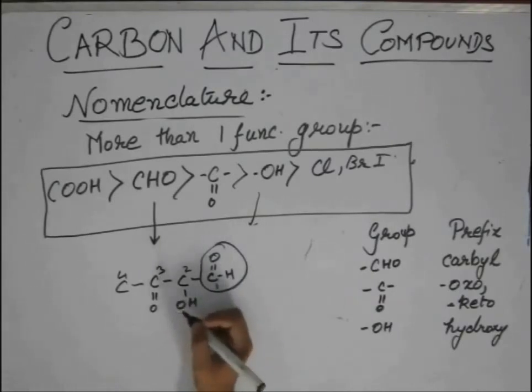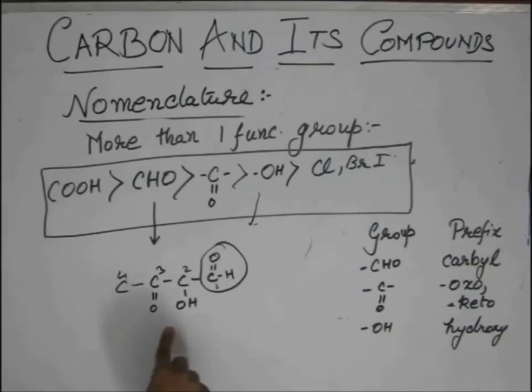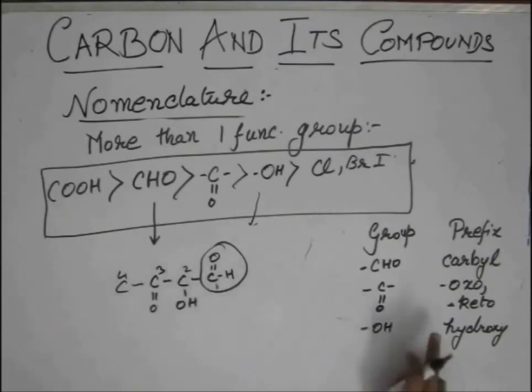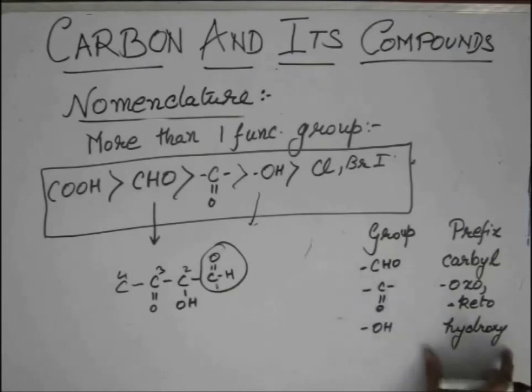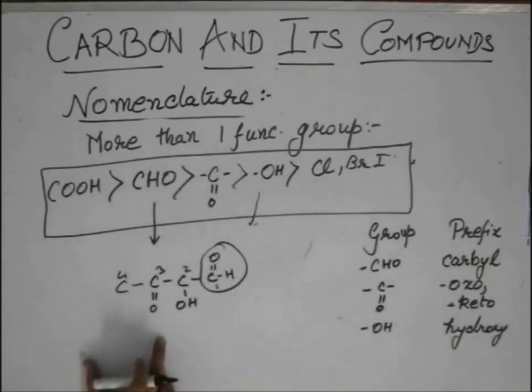So we have this, and again over here we follow the alphabetical order. So we have an oxo or a keto, and we have a hydroxy. So H comes before K also and before O also. So this hydroxy will come before.